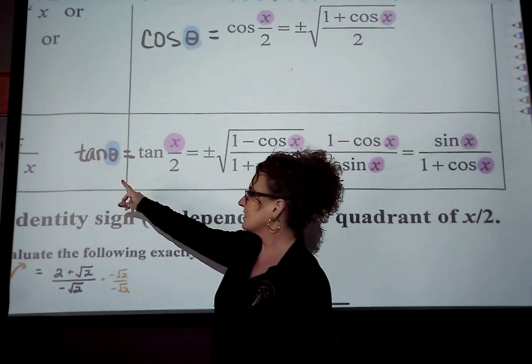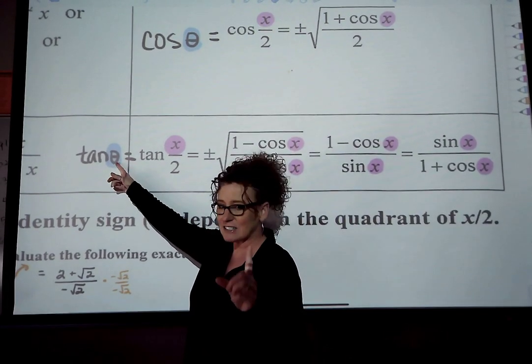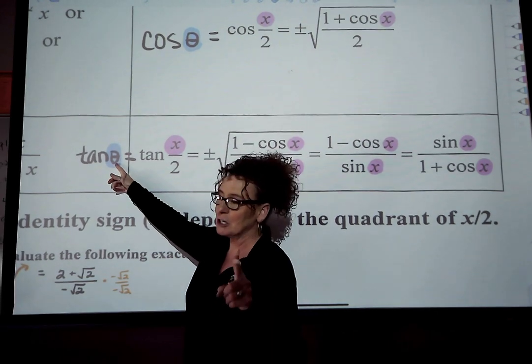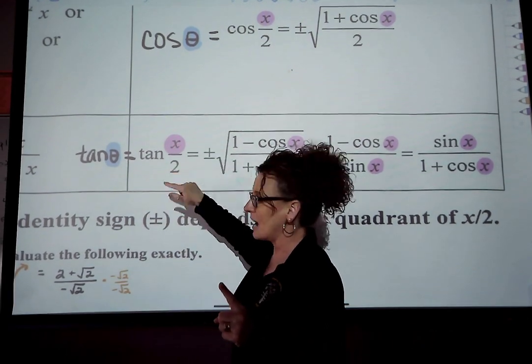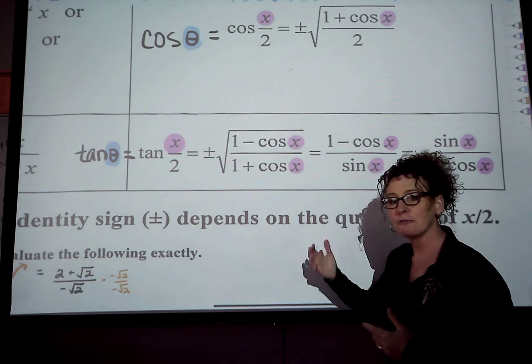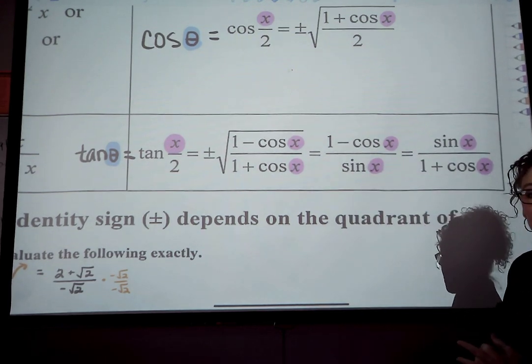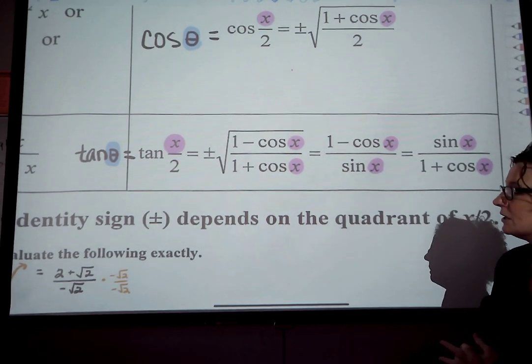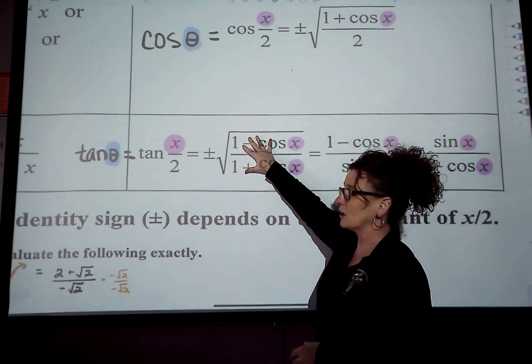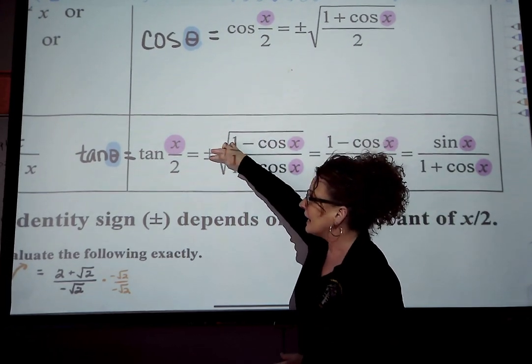Tangent. Again, this gets you tangent of an angle that's not a common angle, but it could be expressed as a common angle cut in half. Now, the cool thing about this is you've got 3 different choices on which formula to use. You can use this formula, which involves a radical and a decision.